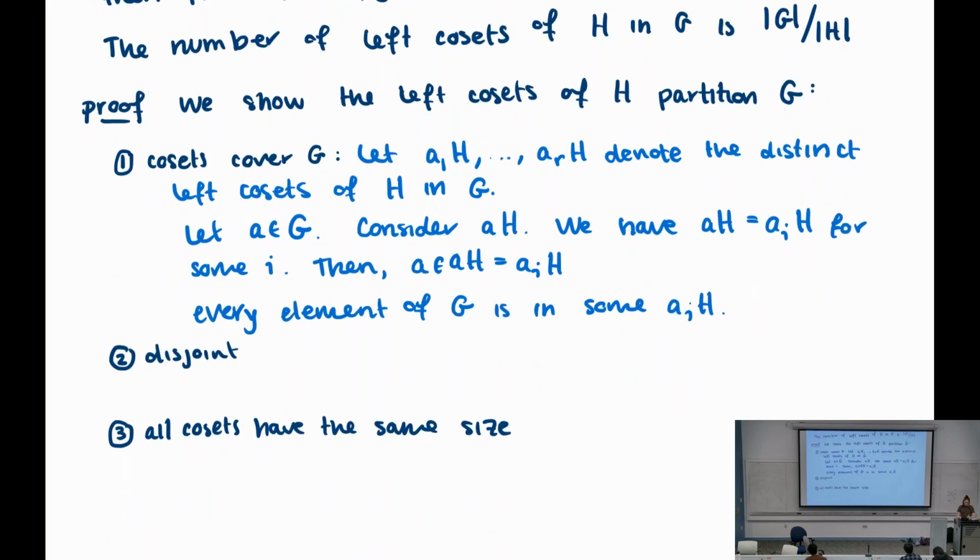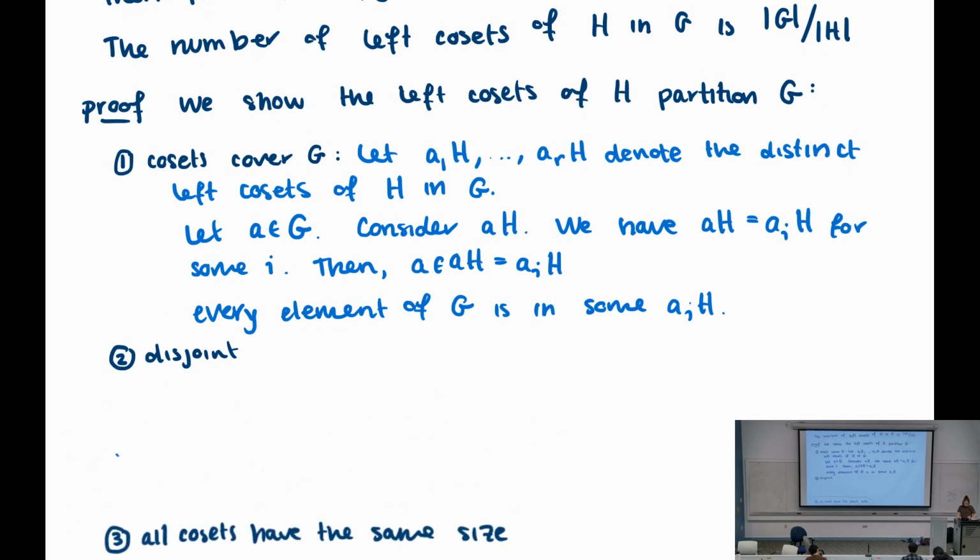So by the lemma, any two cosets are either equal or they are disjoint.